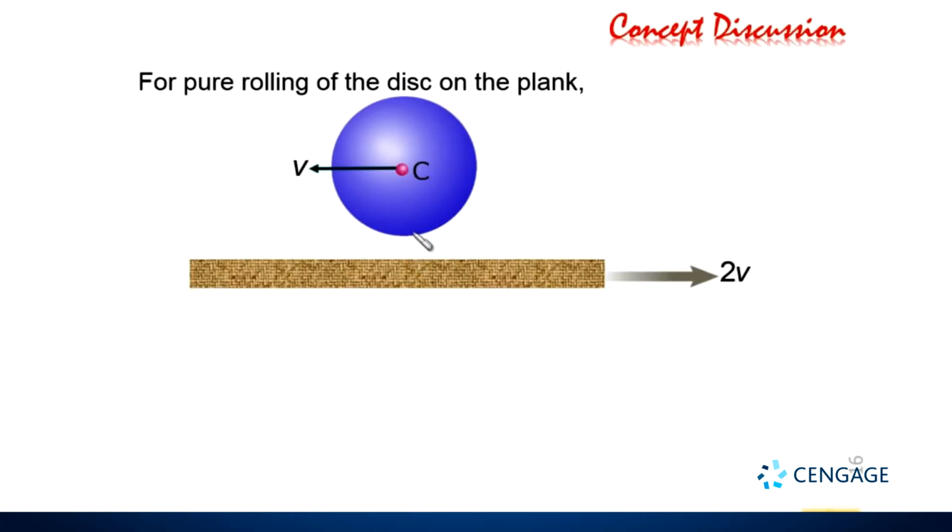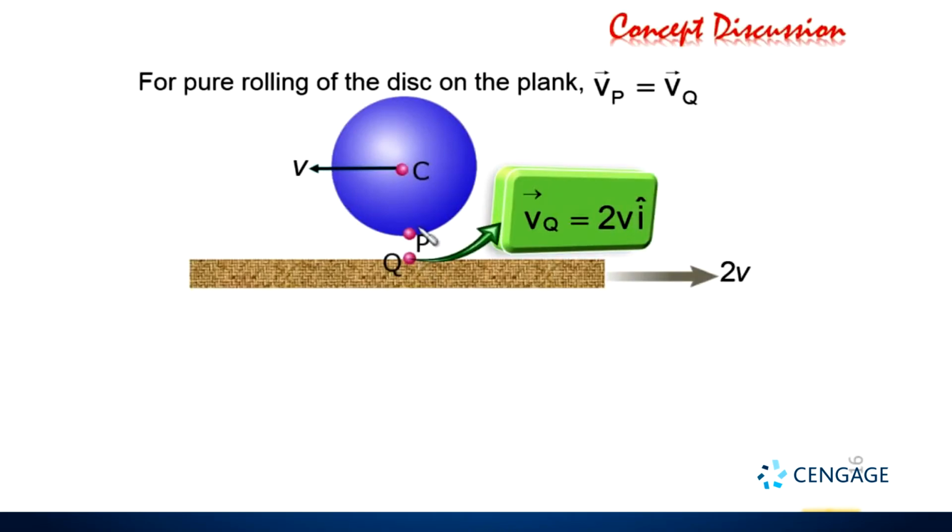If we take this point as P and this point is Q, the velocity of point P and velocity of point Q should be equal for avoiding the relative sliding. And we know the velocity of point Q will be same as the velocity of plank, that is 2v in the rightward direction. So we can write here velocity of Q equal to 2v i cap.